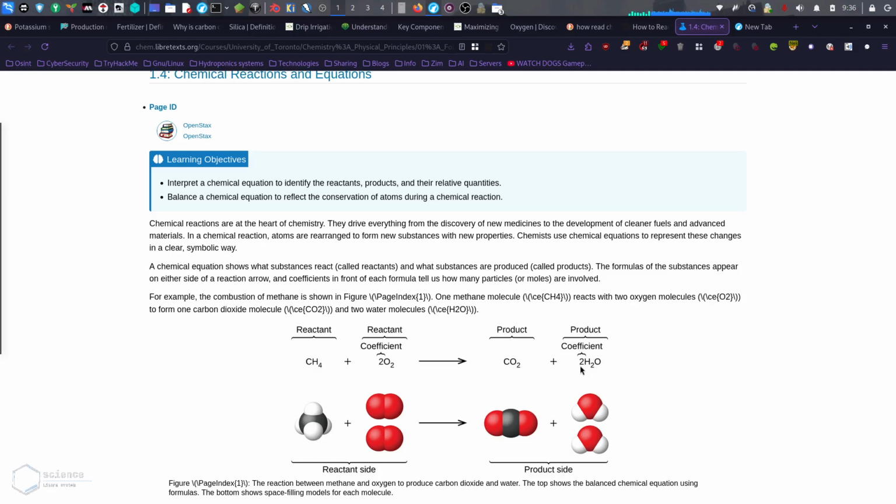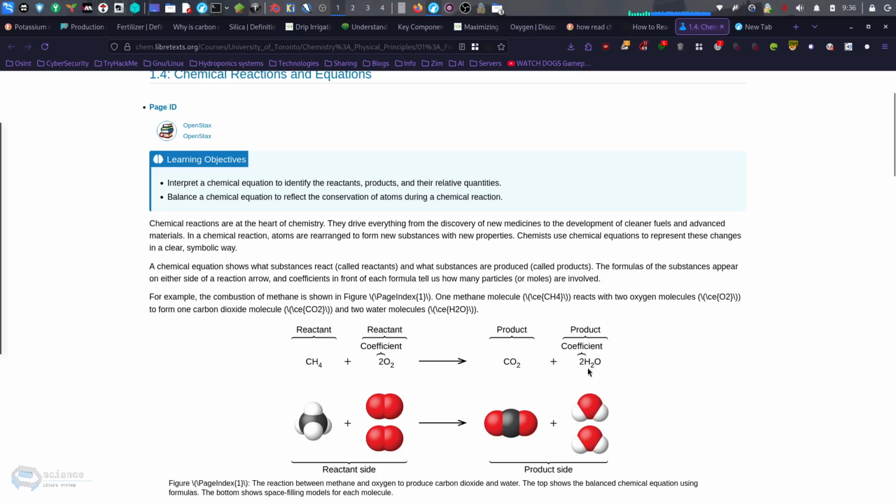Two molecules: 1, 2, 2 molecules. We call it a molecule because it combines atoms. 1, 2, 3. 2 molecules produced. This coefficient says 2 molecules. But you can be confused. What does this mean too?